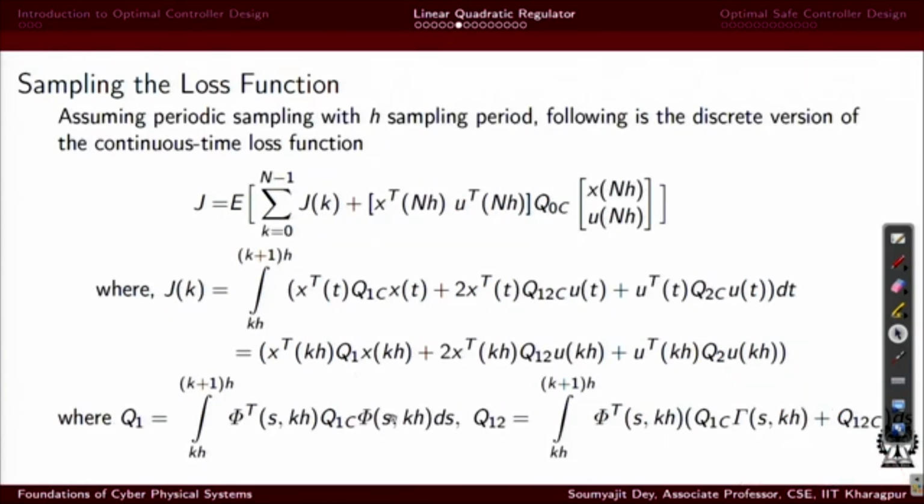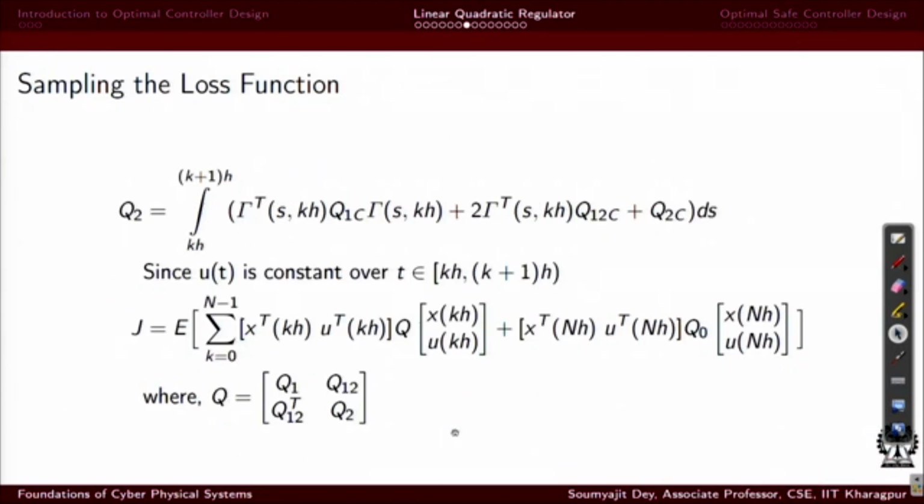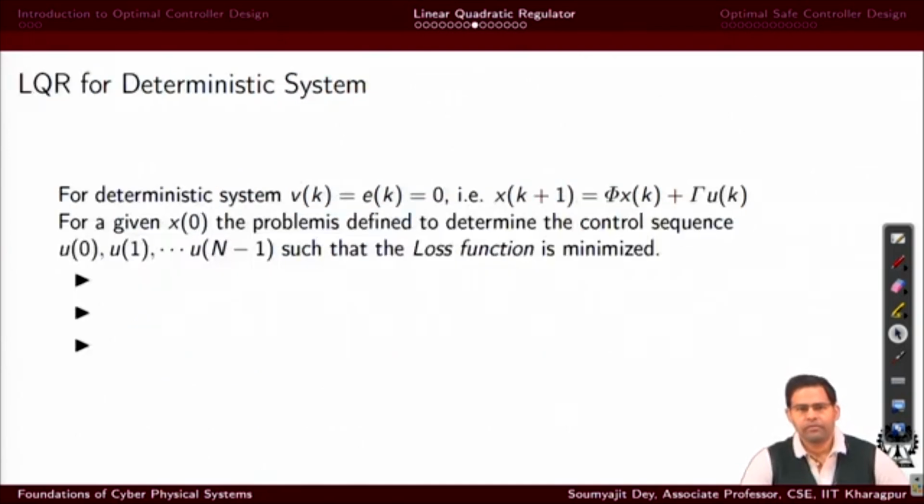Most of this treatment has been taken from Astrom's book on digital controller implementation, so if you want to study this in detail, that would be the reference to go for. Let's go ahead with the problem solving right here.